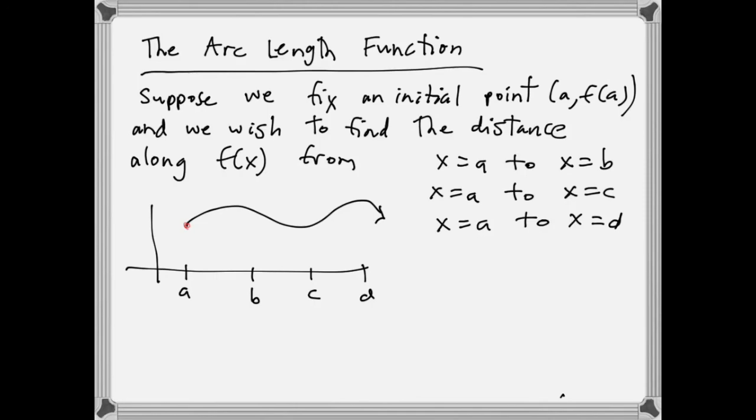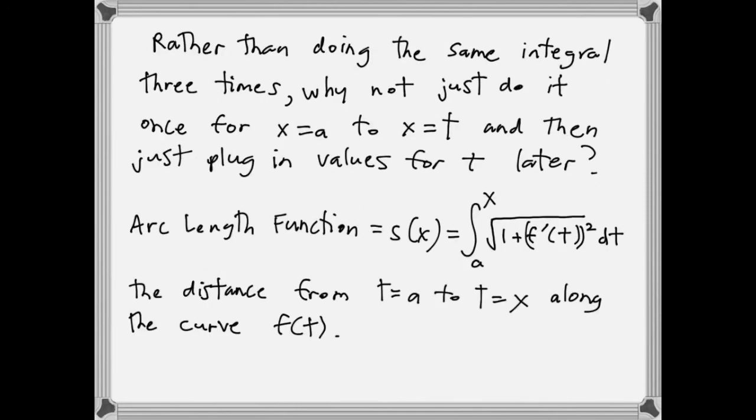So rather than doing the same integral 3 times, why not just do it once for x equals a to x equals t, and then just plug in values for t later? That makes sense, right? Just create a variable there. So we're going to plug in the value for t at the end once we get our function.